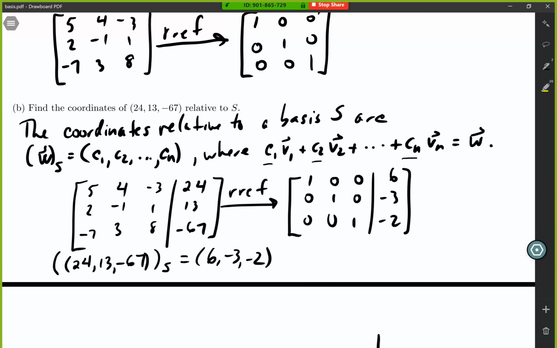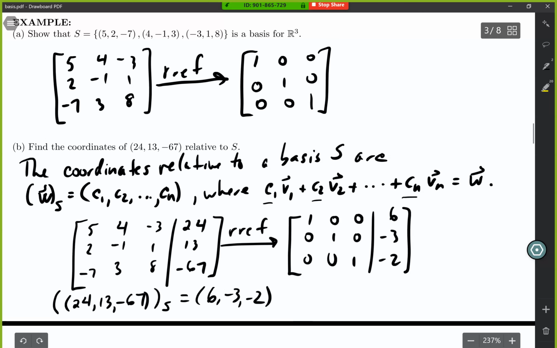Okay, so again, emphasizing what this actually means, going back up to our basis. This was our basis, right?